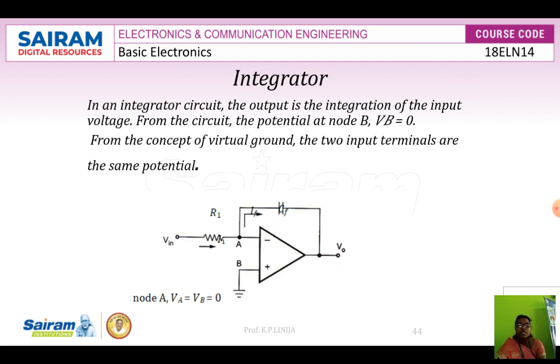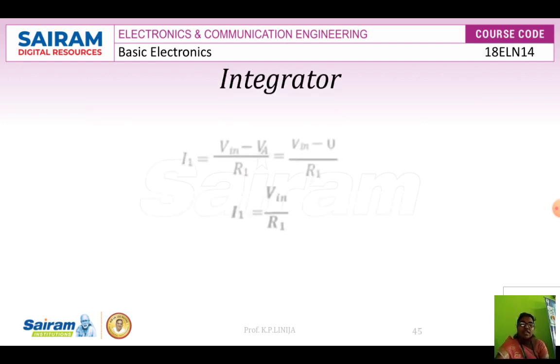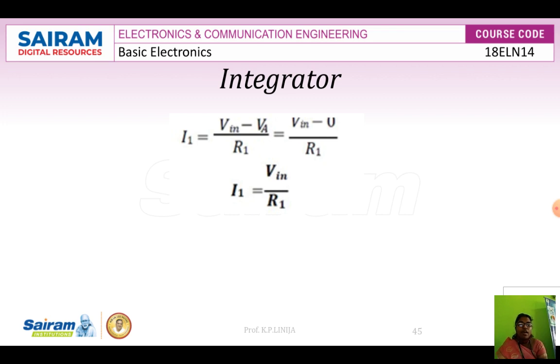So I1 is equal to V by R, therefore Vin minus VA divided by R1. But as per the virtual ground concept, VA is equal to 0. Therefore, Vin minus 0 divided by R1. Therefore, I1 is Vin divided by R1. This is the I1 current.